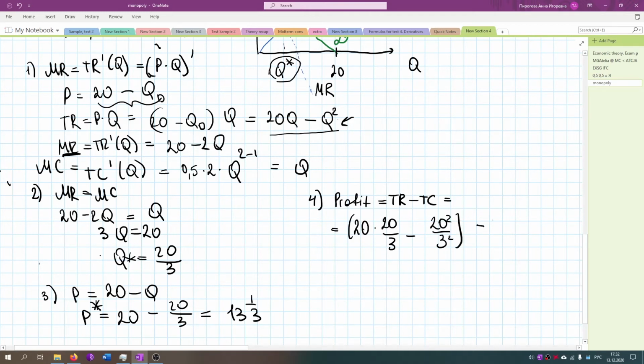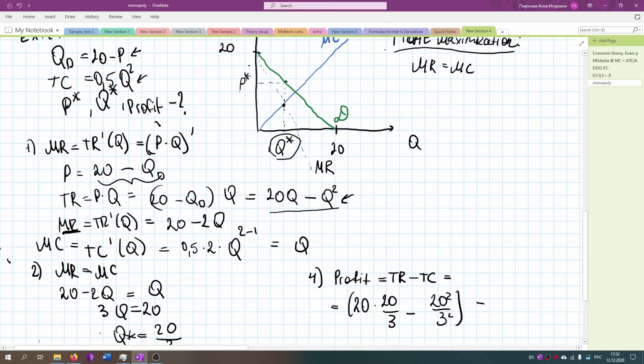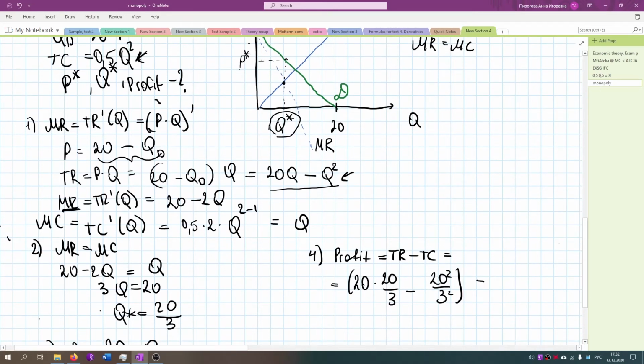And our total cost is equal to 0.5 q squared. So let's compute it. 0.5 q squared.